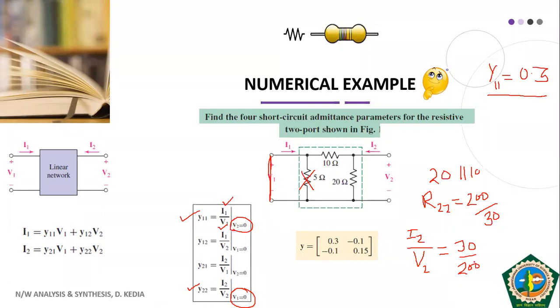Okay. So if you do that, provided V1 equal to 0, obviously Y22 will come out to be how much? 0.15. So this is how you will calculate Y22.